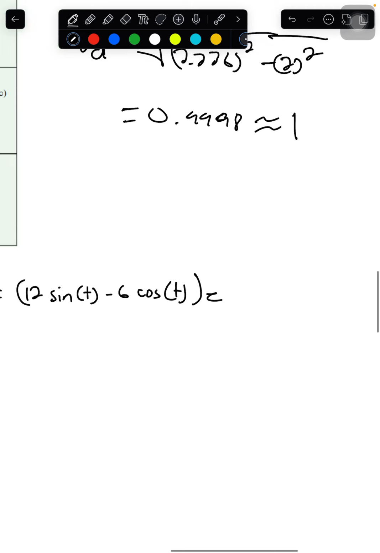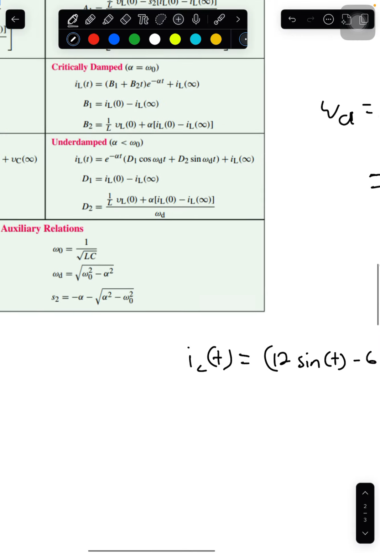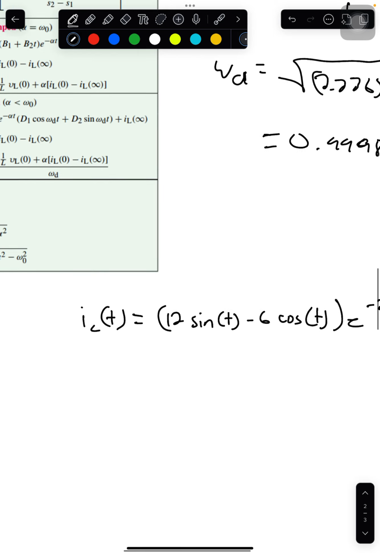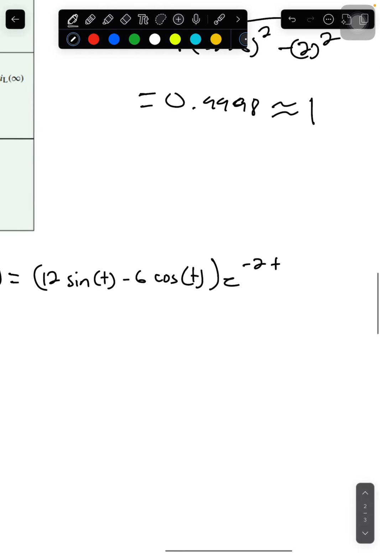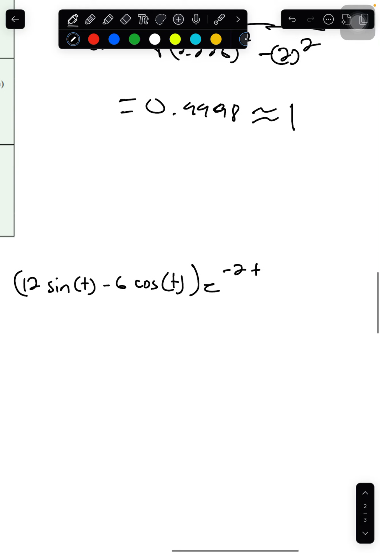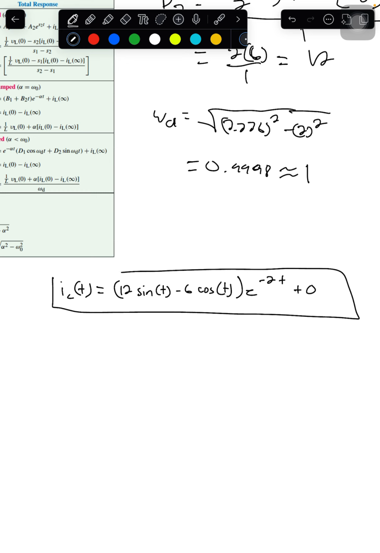And that's going to be multiplied by e to the negative 2t. Negative 2 is from the alpha. And then plus I infinity, which is 0. So that is literally going to be your answer.